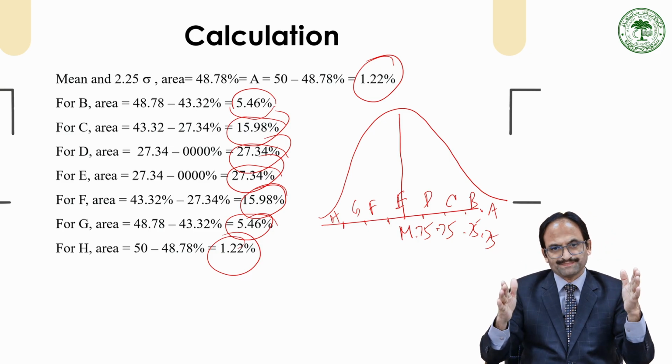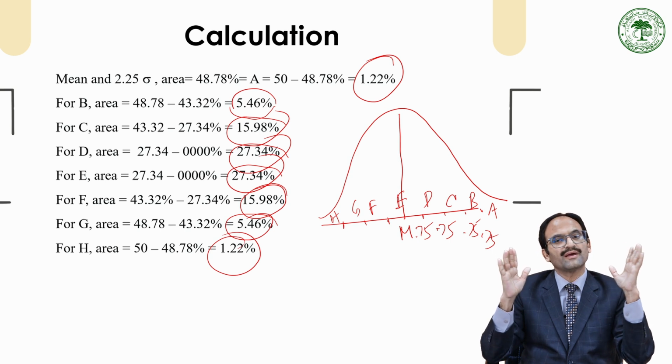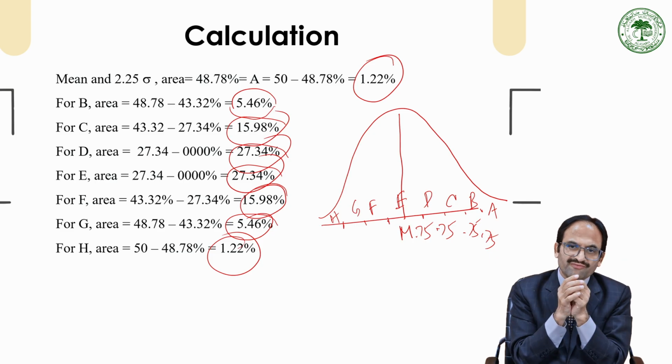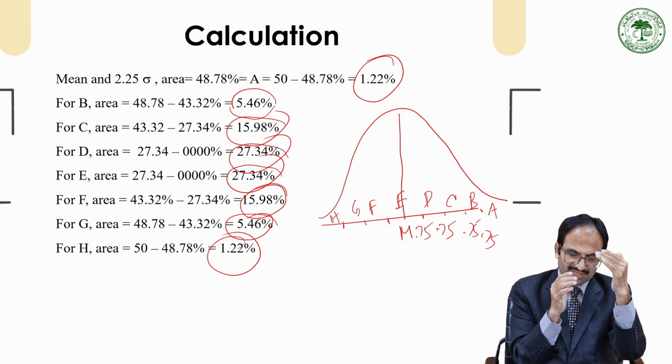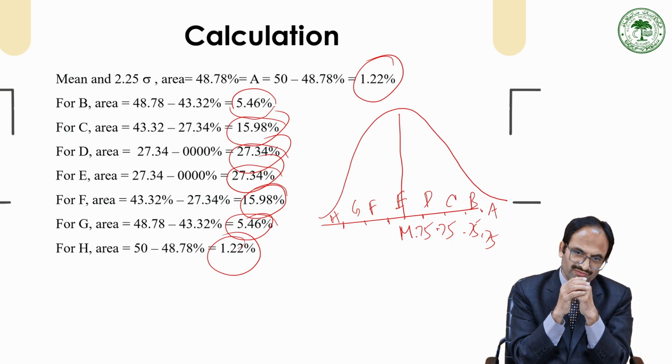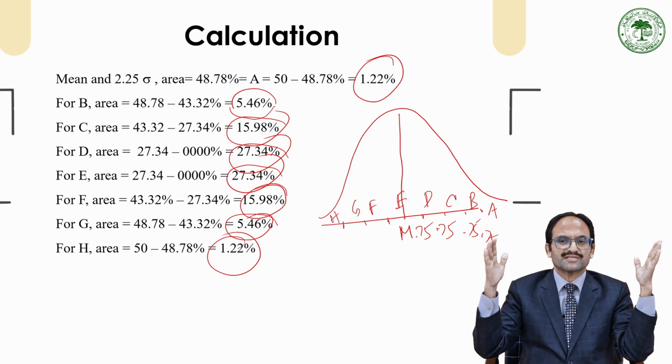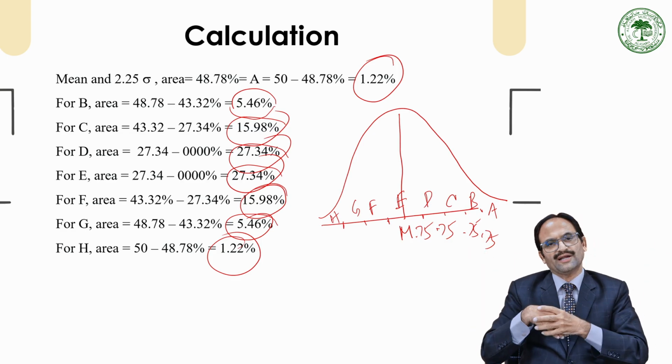So, remember in a nutshell what should be remembered? See how many groups are there, divide 6 sigma by that number of groups, you will get the required area for every group, and accordingly consult the table, find out the area and do the needful.